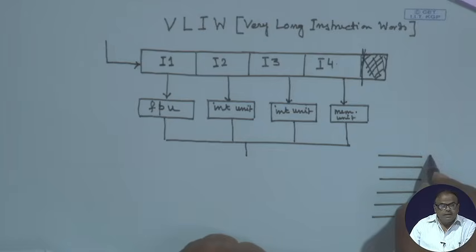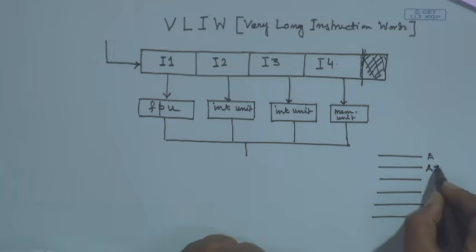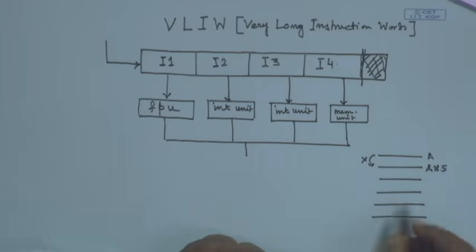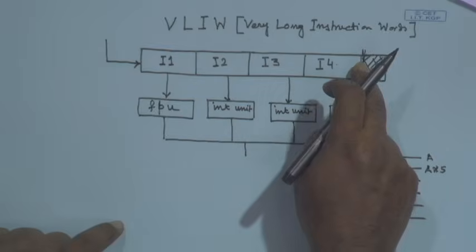Say this instruction is reading A, and this instruction is taking A times 5 and putting it somewhere else. Therefore, these two are not independent. So I can put in this way only the instructions which are independent.